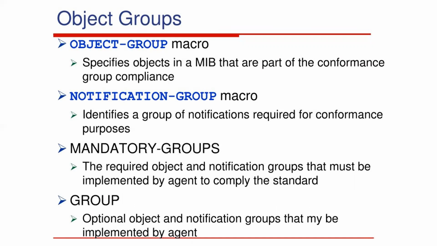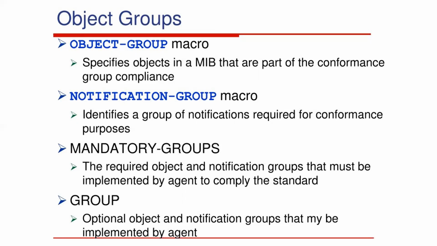In that first object group macro, the class names each object contained in the conformance group. Each of the named objects is defined in the same informational module as the object group macro and has a max access class of accessible-for-notify, read-only, read-write, or read-create, any of the 4.